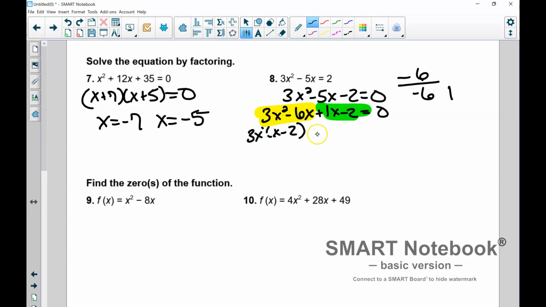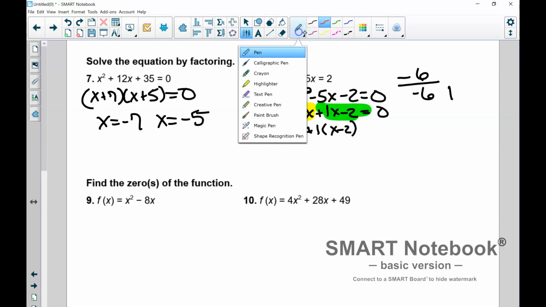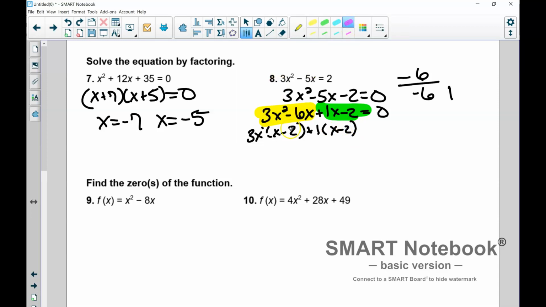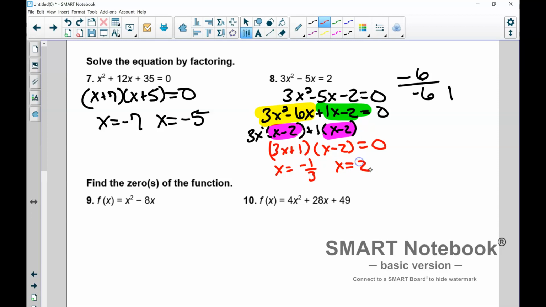And then if nothing is in common, you can always pull out a 1. And then again, these two are always going to be the same. This one and this one. So I have 3x plus 1 times x minus 2. So x is negative 1/3, and x is 2.